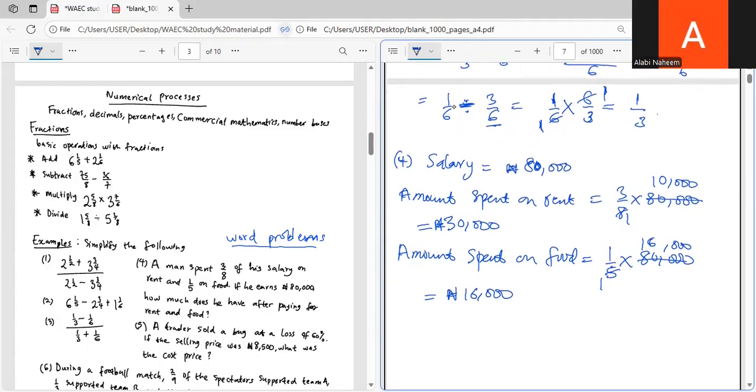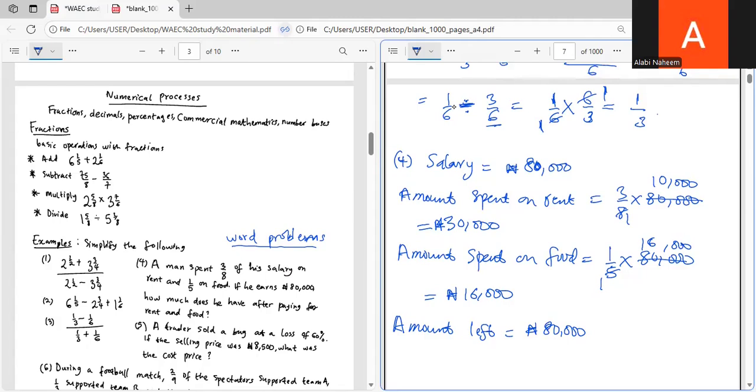How much does he have after paying for rent and food? So the amount he has left. That's very simple. He earns 80,000 monthly and he spends 30,000 on rent and 16,000 on food. We simply subtract.